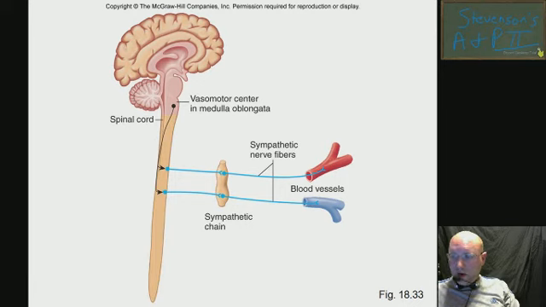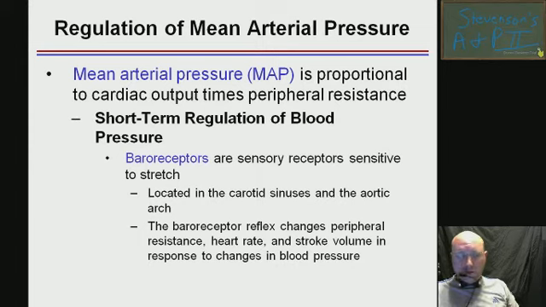Here we see the medulla in the brain being our vasomotor center. We see the sympathetic pathway where it moves from the sympathetic chain through sympathetic nerve fibers to either the arteries or the veins. Regulation of mean arterial pressure: MAP, mean arterial pressure, is proportional to cardiac output times peripheral resistance.